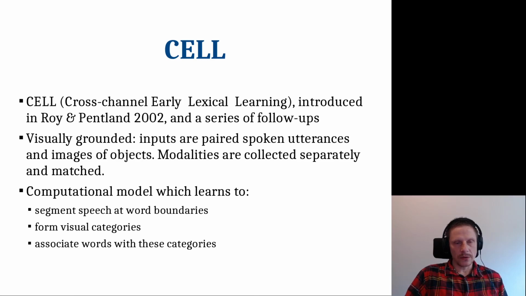And so the computational model was modular, and it was performing the following tasks. It would segment speech at word boundaries, it would form visual categories, and it would then associate the hypothesized words with these categories.